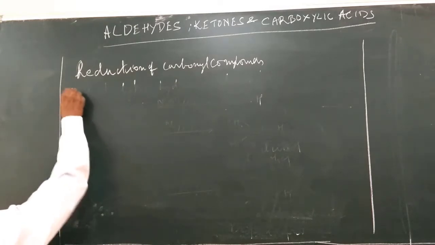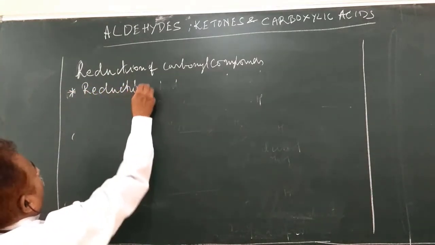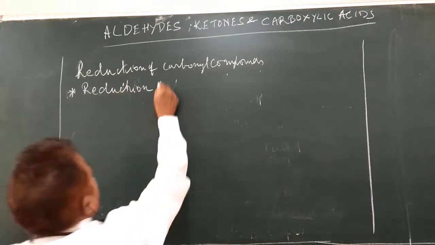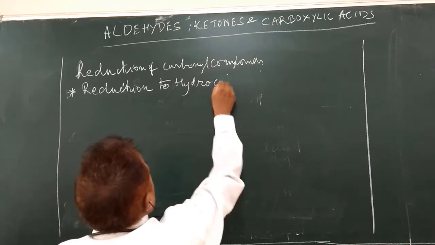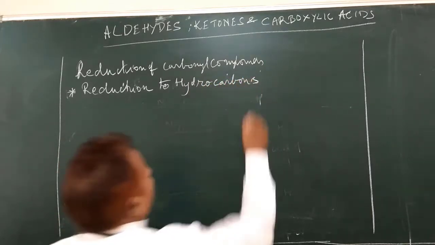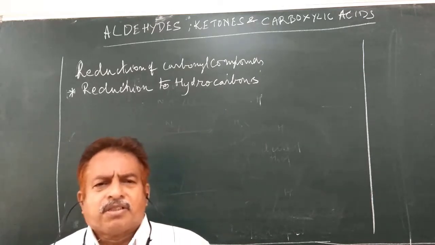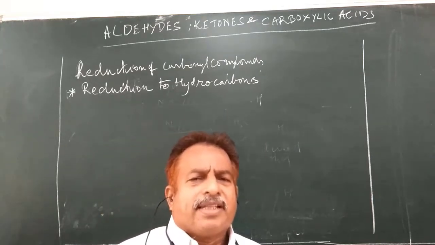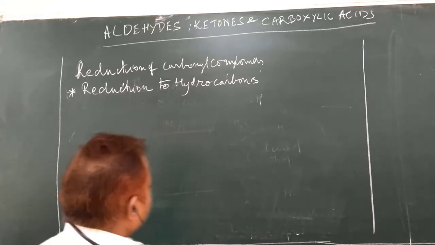Next method is reduction of carbonyl compounds, reduction to hydrocarbons. So aldehydes and ketones are reduced in the presence of zinc amalgam and we get respective hydrocarbons.